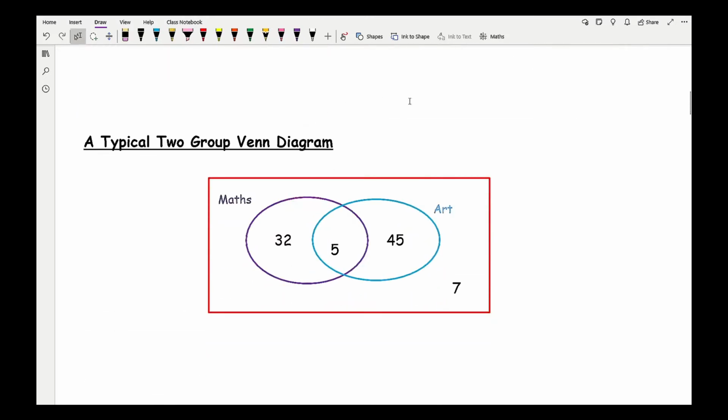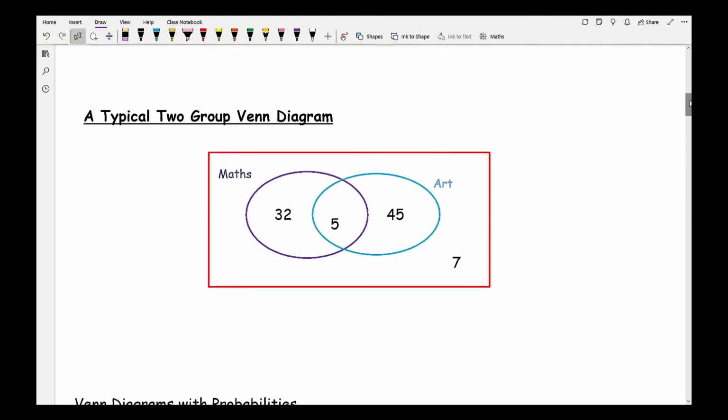Now, a typical Venn diagram with two groups looks just like this. Again, it's important that you read off the key bits of information from this diagram. So here, this number, 45 people, just do art, let's say.